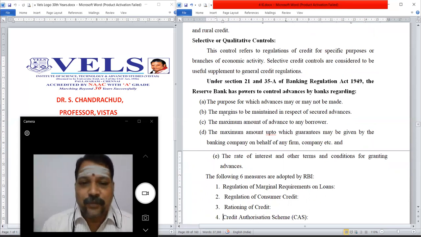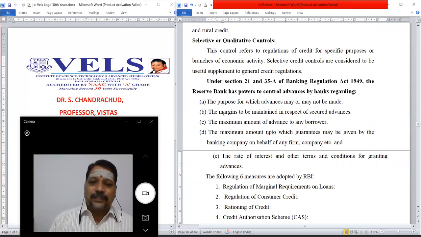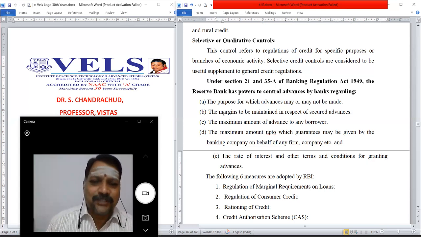Under Sections 21 and 35A of the Banking Regulation Act 1949, the Reserve Bank has the power to control the advances by banks related to: number one, the purpose for which the advances may or may not be made. The second one is the margin to be maintained in respect of secured advances.